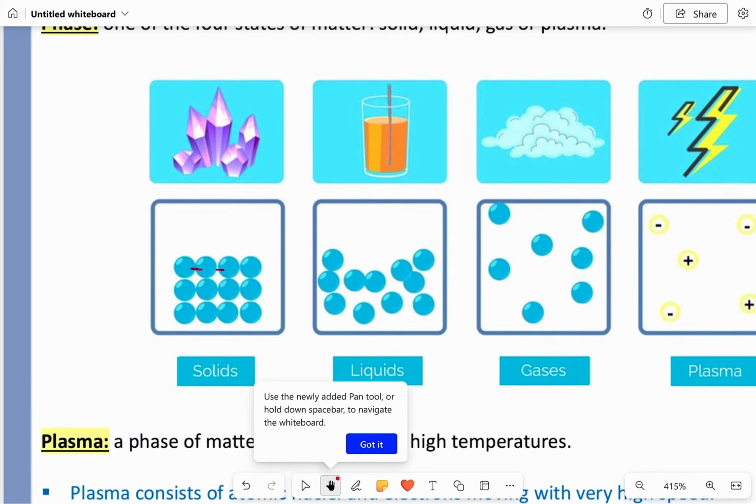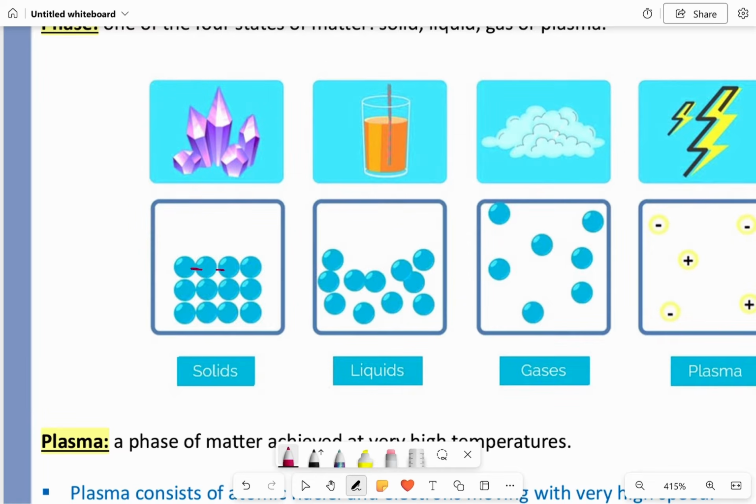This closeness of their atoms gives them definite shape. Remember, definite shape and definite volume. What do you mean by definite? Definite means fixed, okay? Means that their shape or volume does not change, okay?